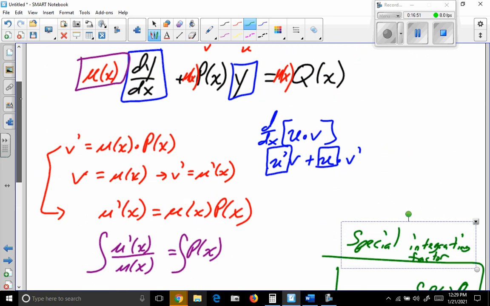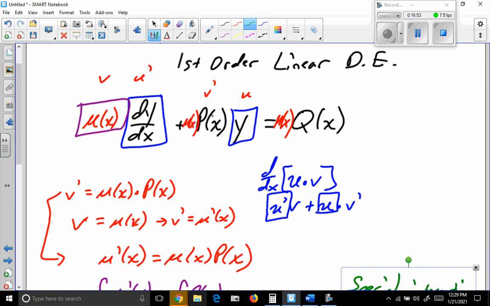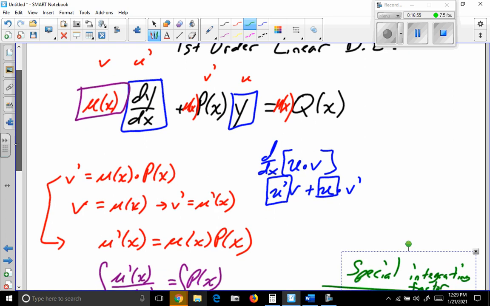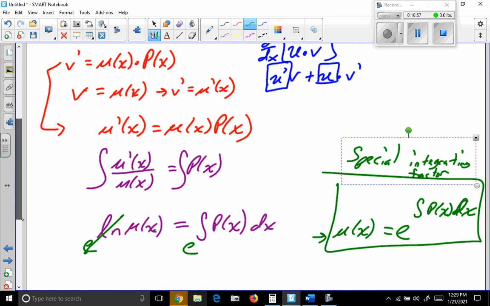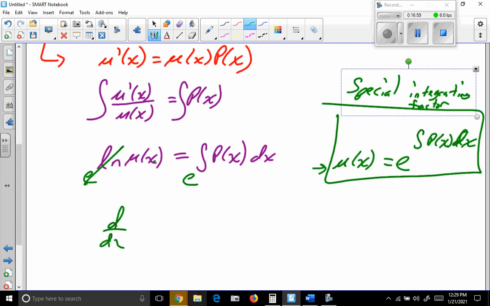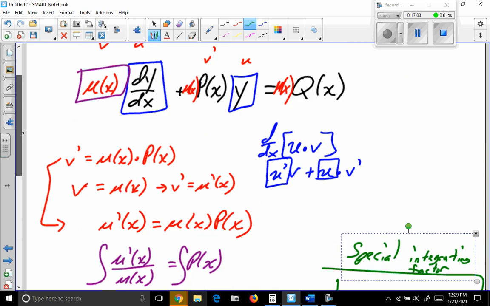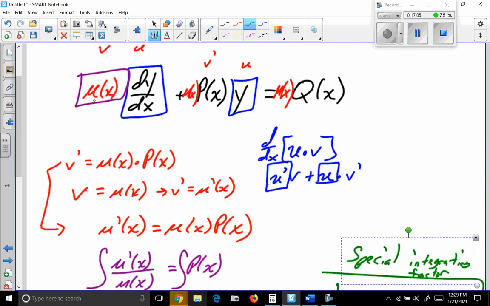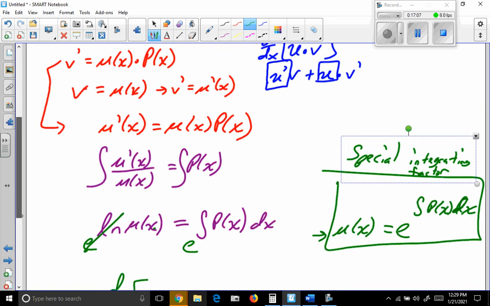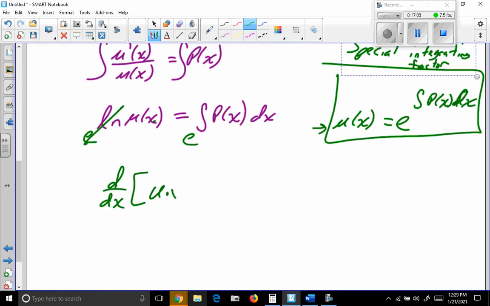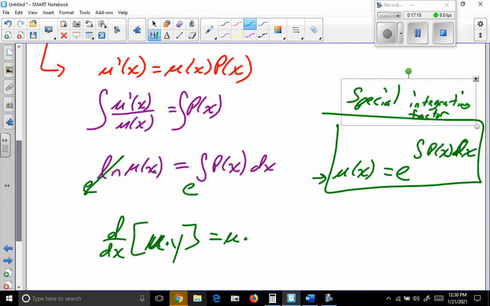So then the left side now is a product rule. That left side is essentially the derivative of u times v, or in our case, it's mu times y. The right side is mu times q.